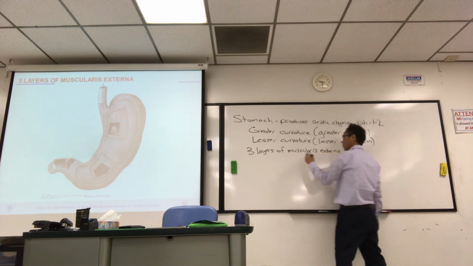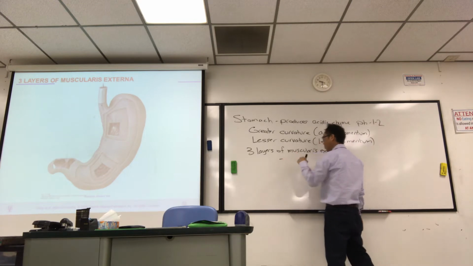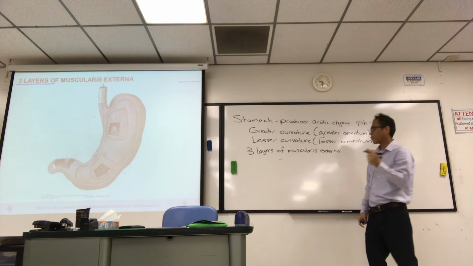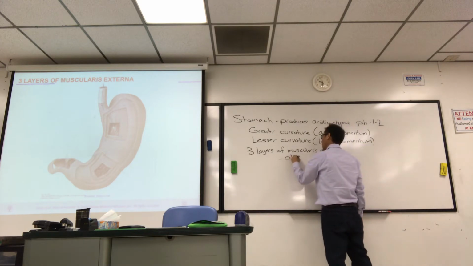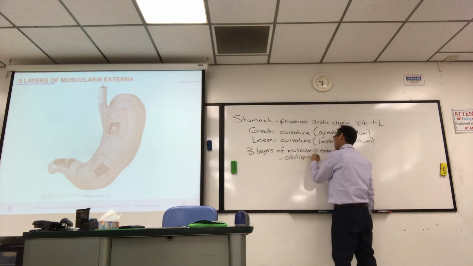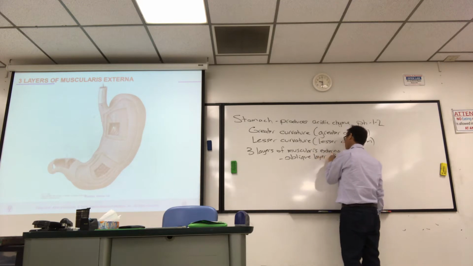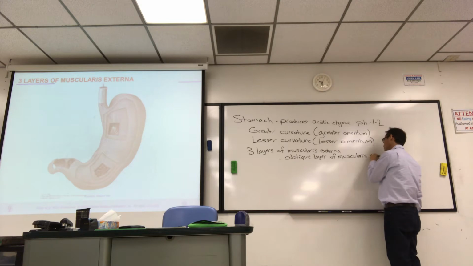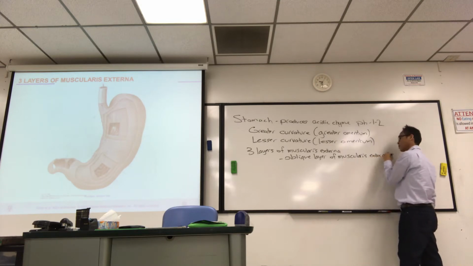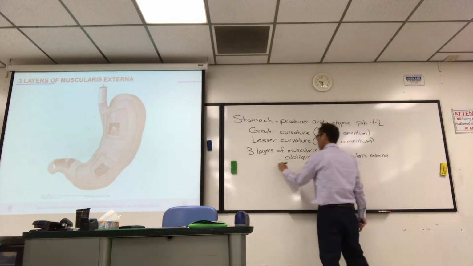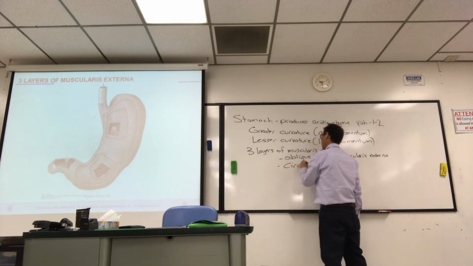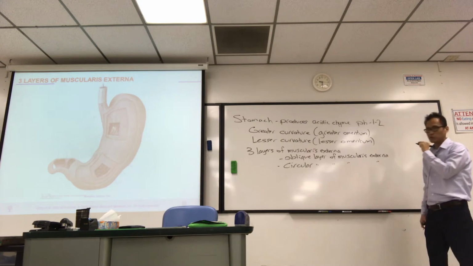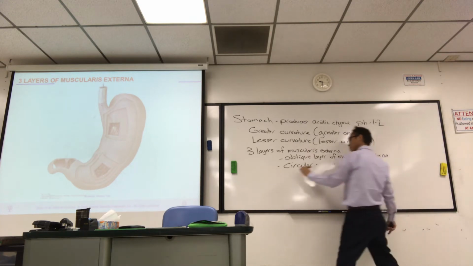And they are, I'll go from inner to outer, the innermost layer, that's that third oblique layer of muscularis externa. Circular layer of muscularis externa, and then longitudinal layer of muscularis externa.